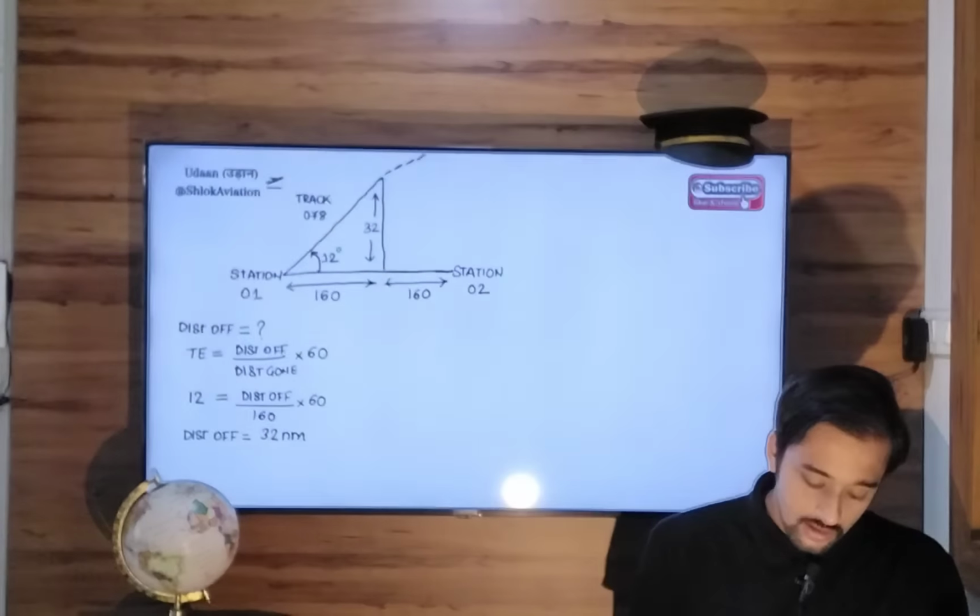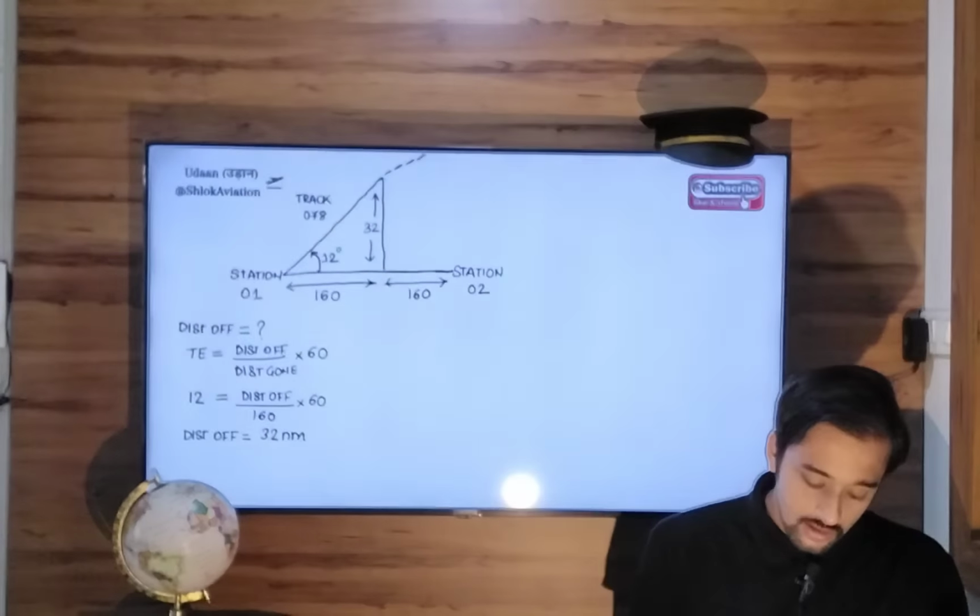So now what is the total correction that you will have to make? 12 degrees to the right, you will fly parallel. Another 12 degrees to the right, you will converge at the station. So you will have to make a total correction of 24 degrees to the right hand side.